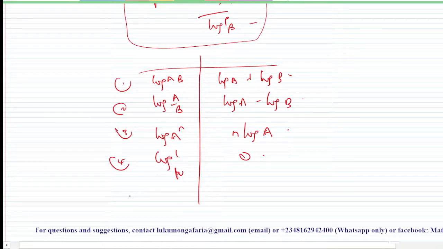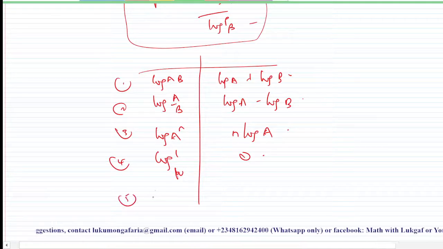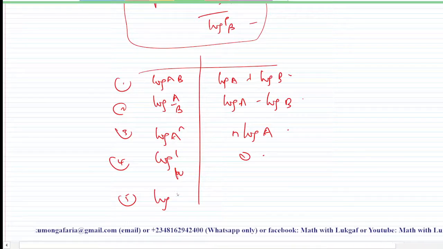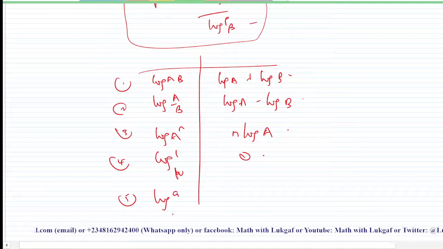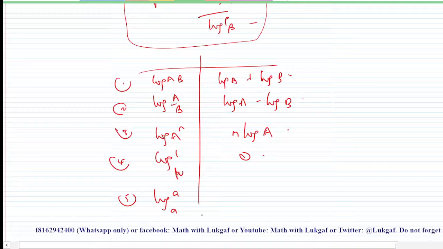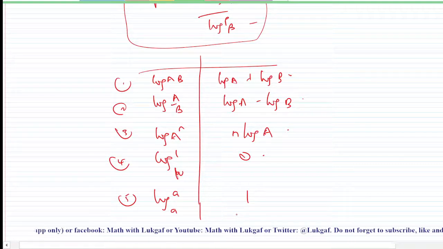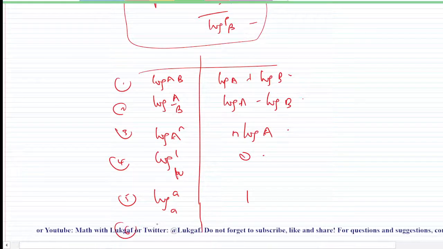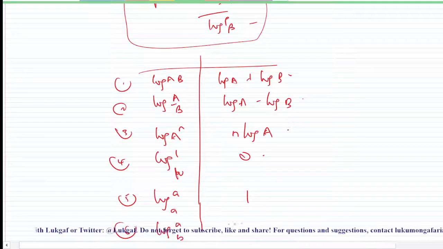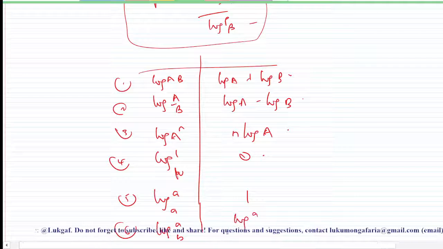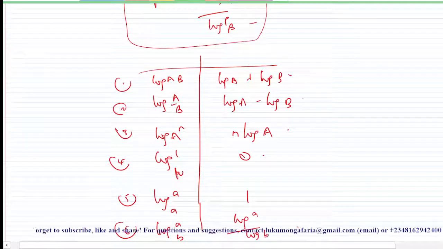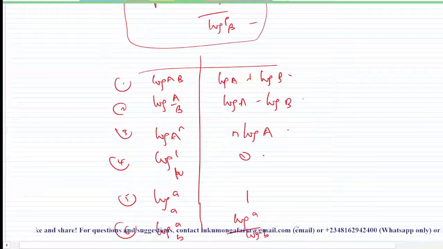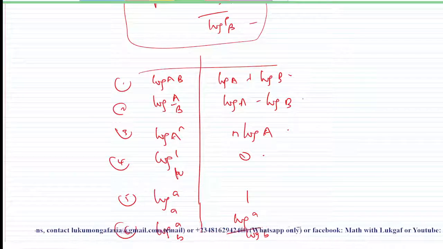Likewise, when you have the logarithm whereby the argument and the base are equal, you are going to have 1. The logarithm of a to the base a is going to give you 1. And lastly, when you want to change the base, when you have log a base b, you can say the same thing as log a divided by log b, assuming that you are working in base 10. So these are the laws of logarithm.